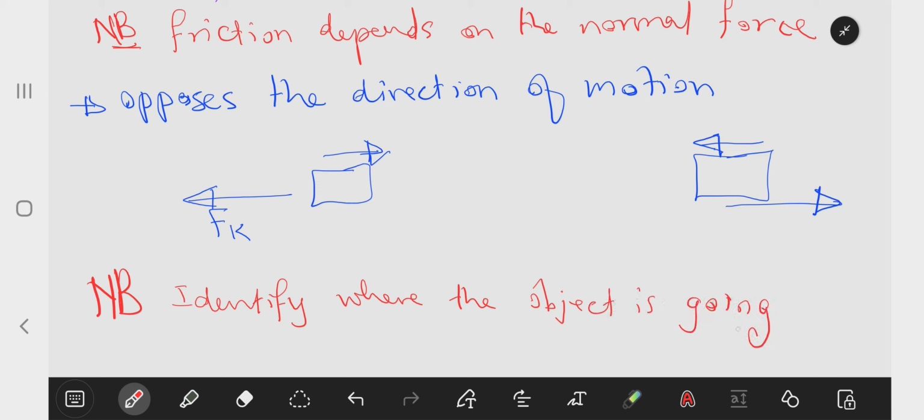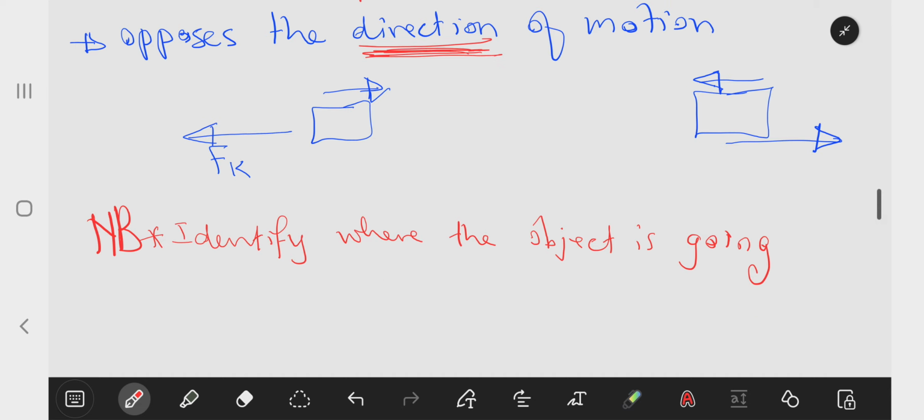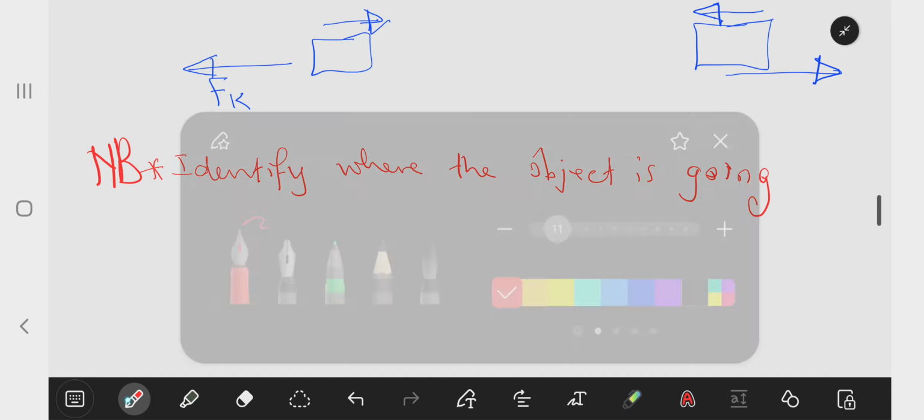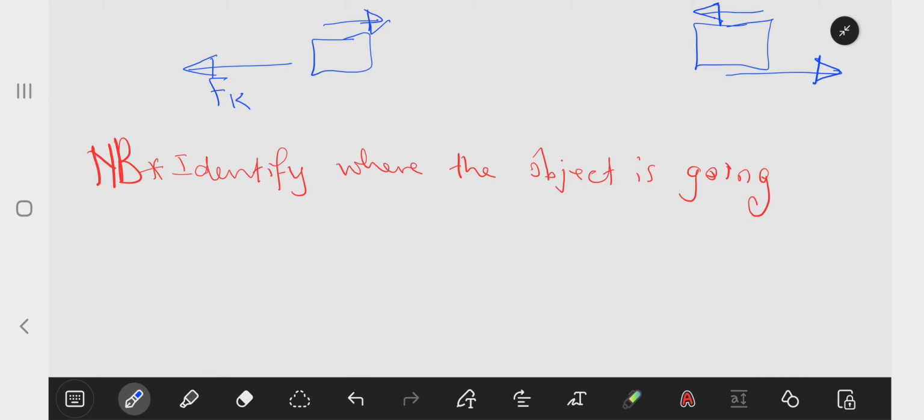Sometimes learners get confused and say friction opposes the applied force, which is the next force that we'll talk about. It's not that it opposes the applied force, it actually opposes the direction of motion. So you need to identify the direction of motion first. Now let us go to the next force.